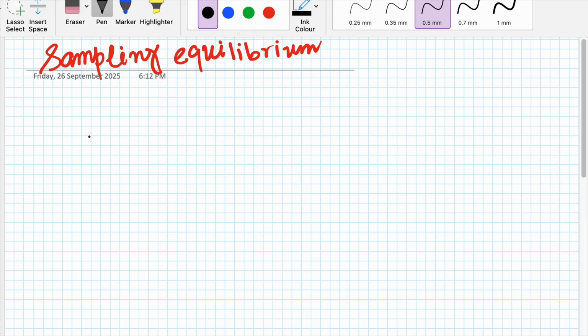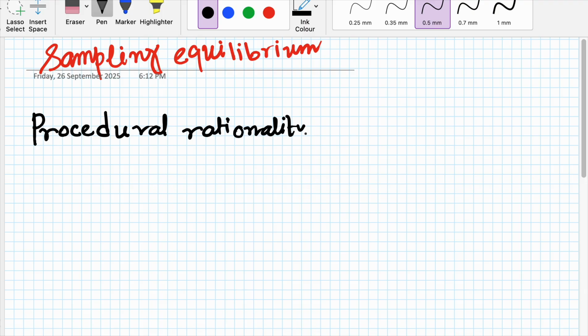Okay, so first, what do we mean by procedural rationality? It is the same thing that we learned in the beginning of this course. Procedural rationality.